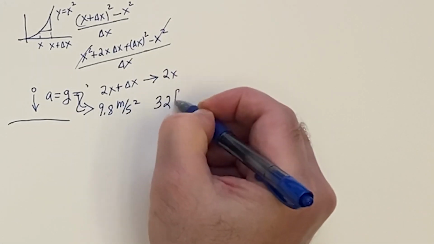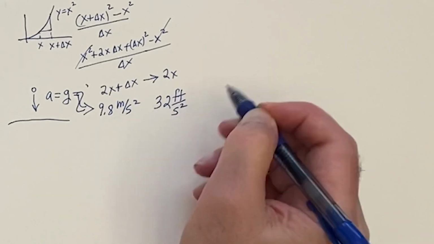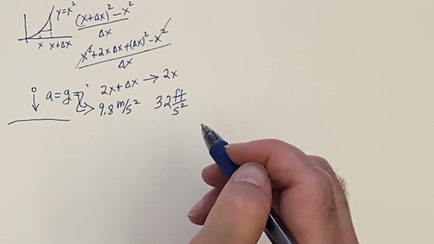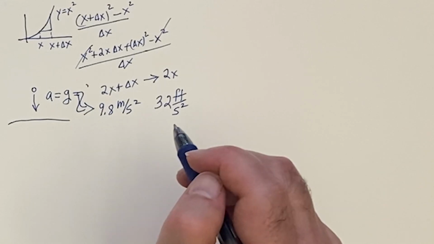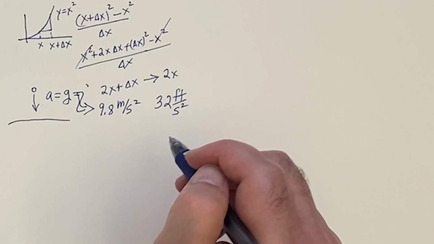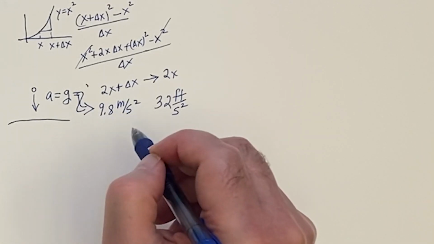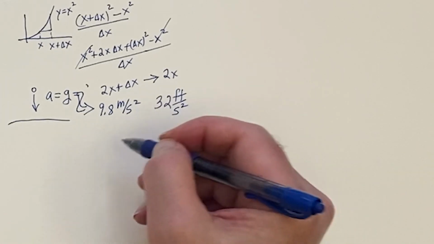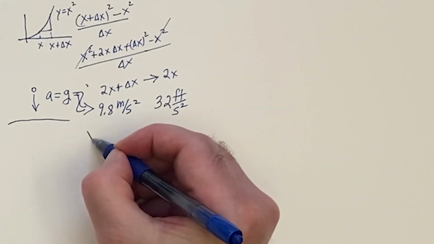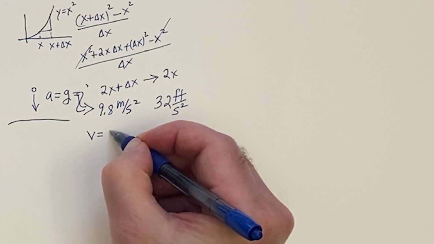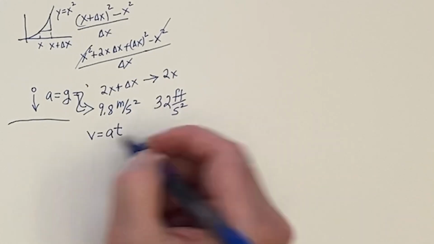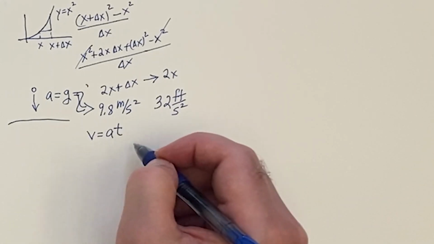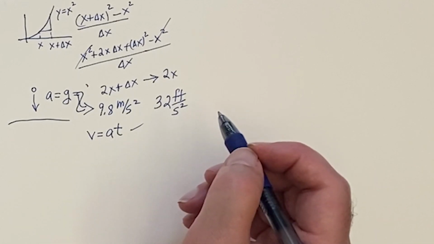Also 32 feet per second squared. That means after 1 second, if you start at rest, you're going 32 feet per second, or 9.8 meters per second. Then in 2 seconds, you're going to be going double that, because you remember v is acceleration times time. If you start out from 0, then the formula simplifies.